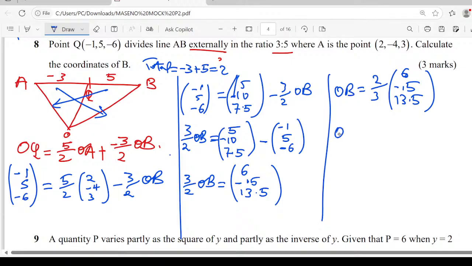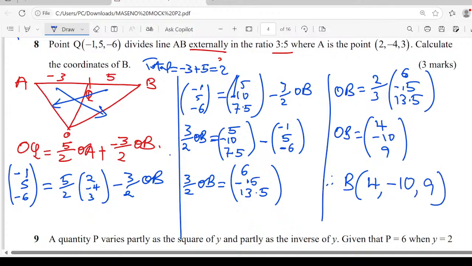So OB is now going to be equivalent to 4, negative 10, then 9. Therefore, the coordinates of B are going to be 4, negative 10, 9. Those are the coordinates of B.